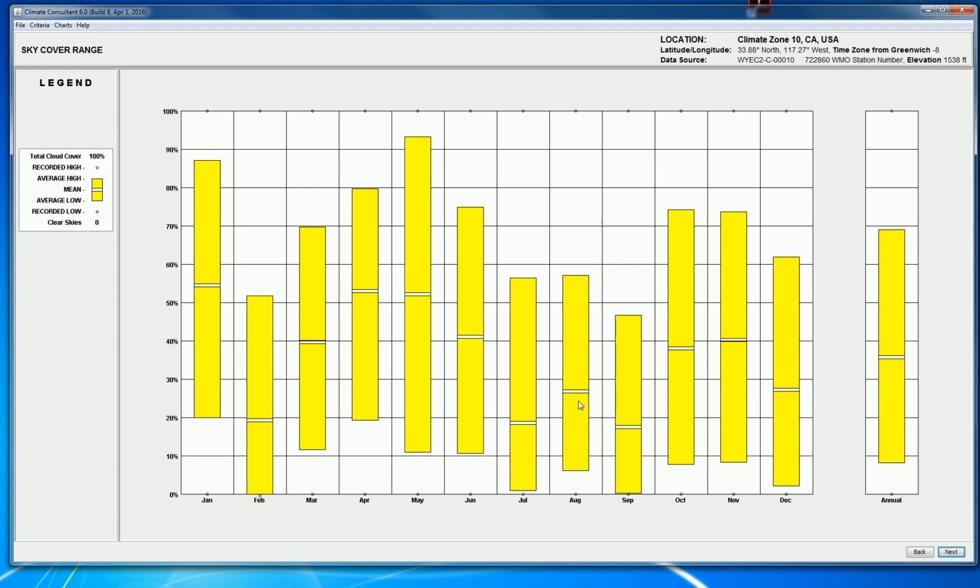The reason that we're getting that pop-up in August is because that's when we have our monsoonal season, and that's when we sometimes get a southerly flow coming up from Baja California, and it brings with it clouds and sometimes summer showers. The reason that it's important to know how much global radiation you get and how much sky cover there is, is because you can use the sun to warm up a building.